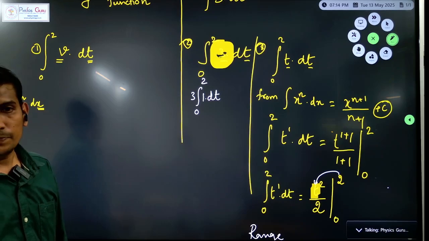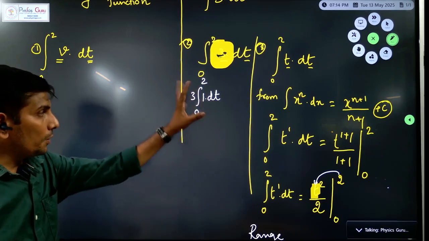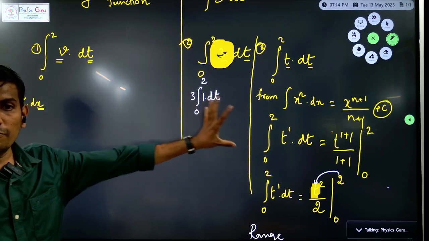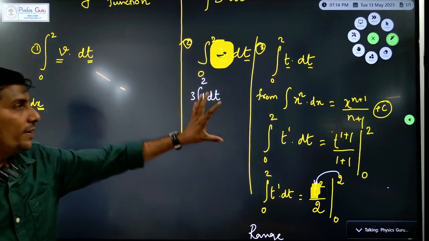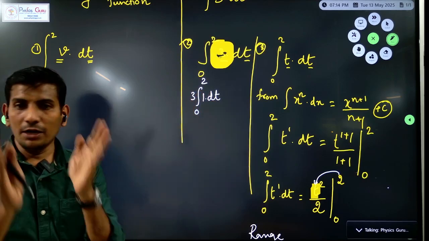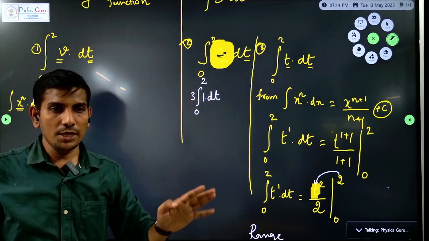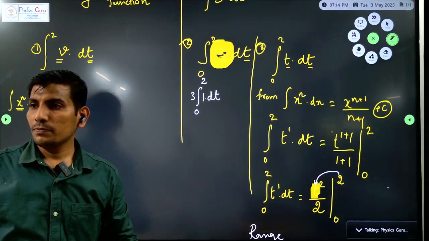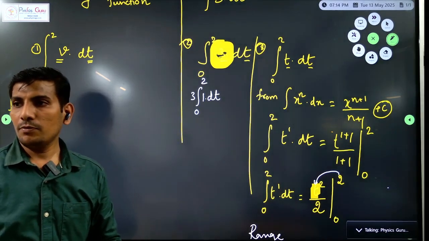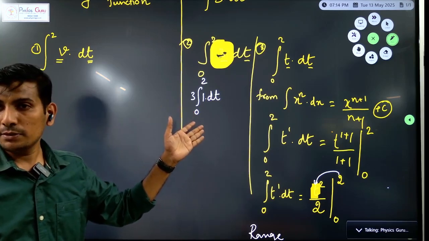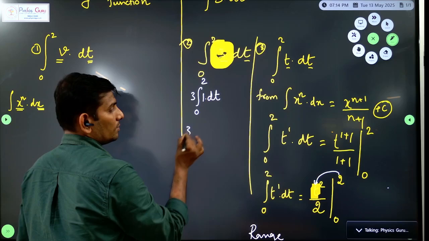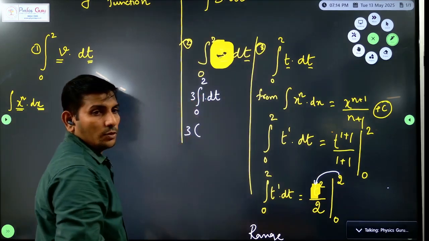Fine. Here no argument, only function. So when you don't have any argument, function pair, you don't worry about law of integration. Straight away find the range. What is finding range here? 3 is the coefficient that stays outside.